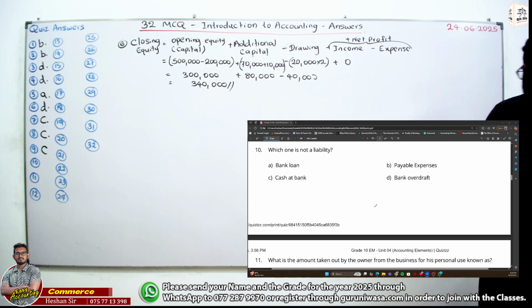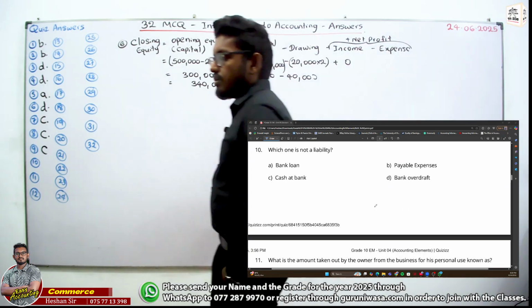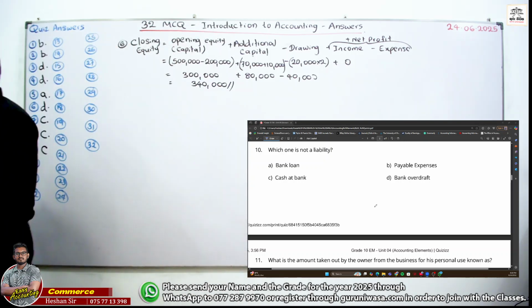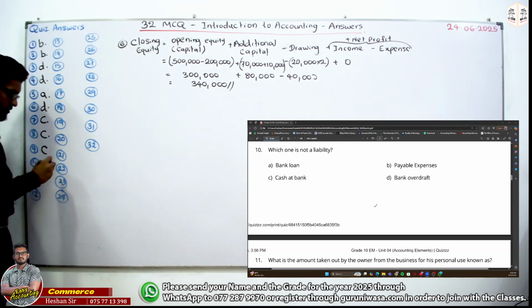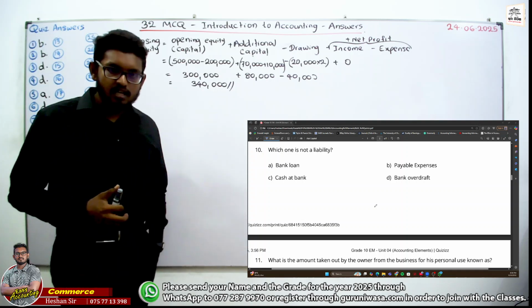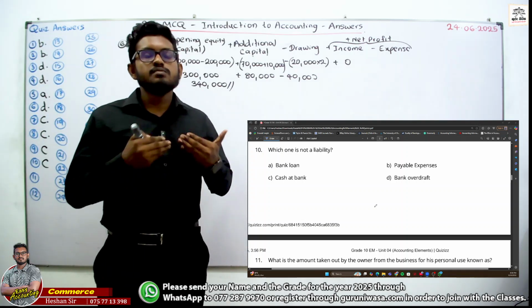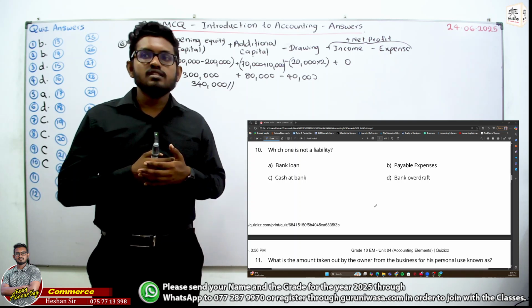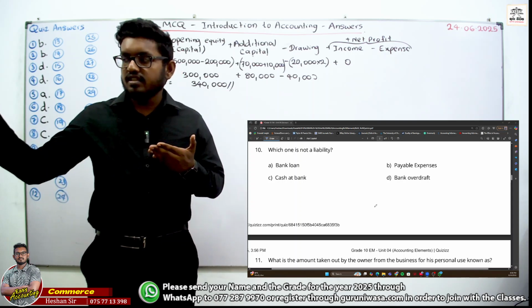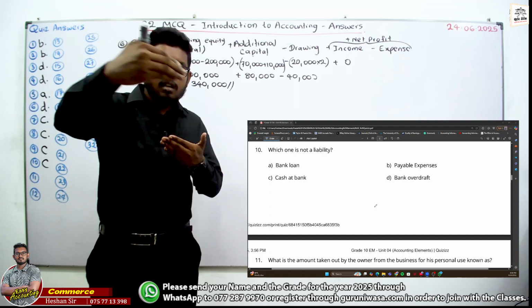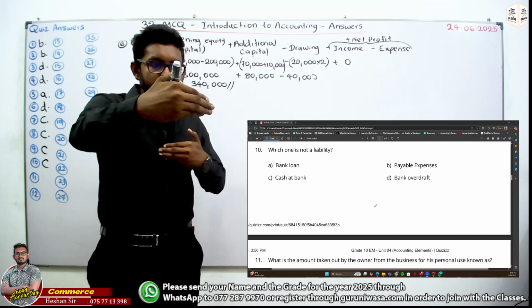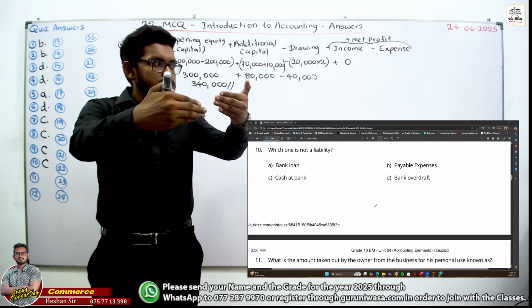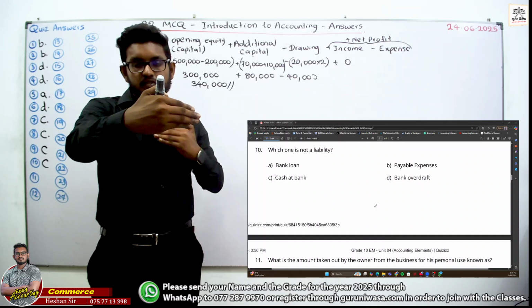Which one is not a liability? Bank loan is a liability, payable expense is a liability, bank overdraft is a liability. I said about the bank overdraft, remember, in current accounts we can issue checks for more than the bank balance. Think the available balance is 50,000. You issue a check for 70,000. When that person comes to the bank, my bank needs to give 70,000 to that person, but my available balance is 50,000.